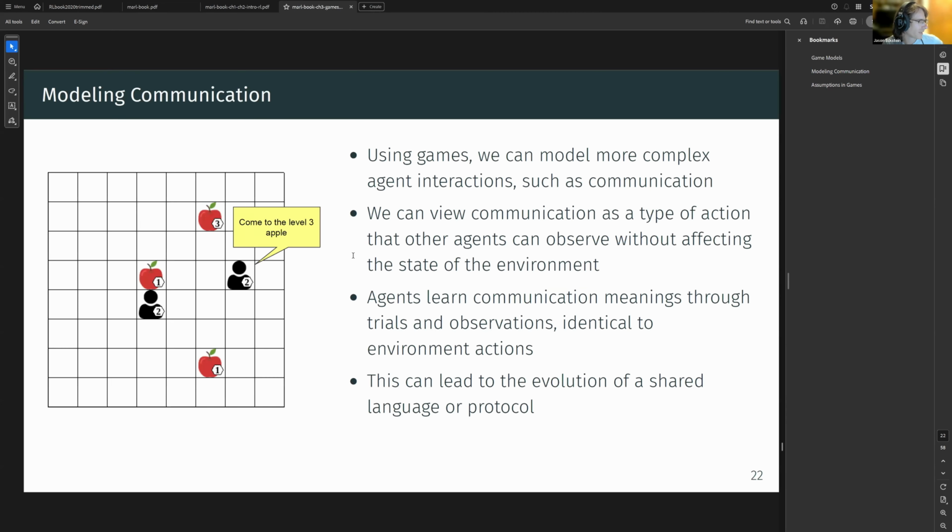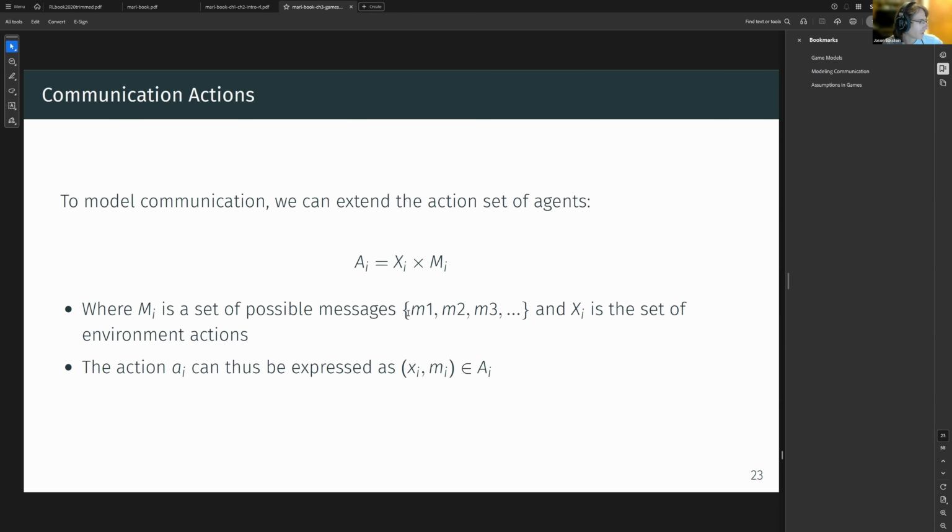Communication also, again, there are just some brief notes here. We could use a finite set of messages, and then in terms of a communication action, the agent could just decide which message to send. In a more general case, it would have to decide what's in the message, and having a policy function that writes an arbitrary message has its own challenges.